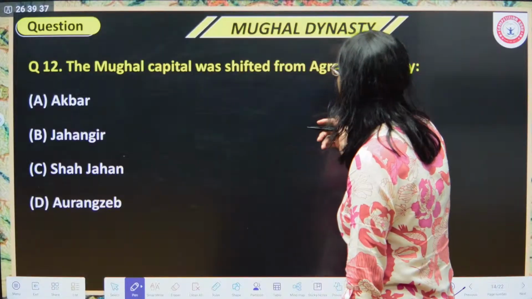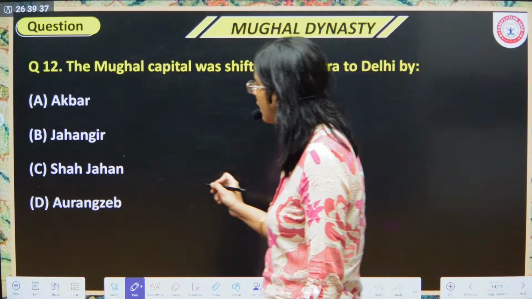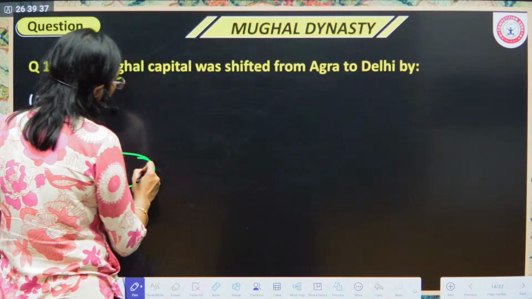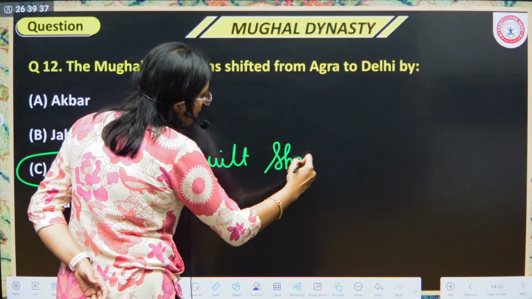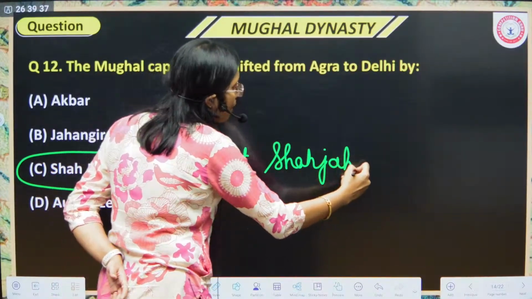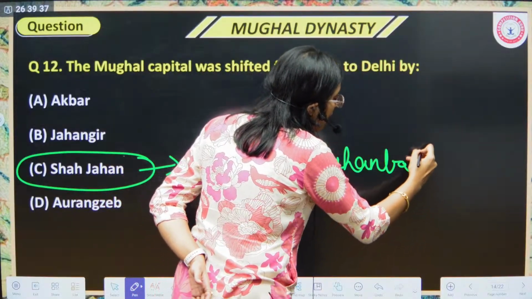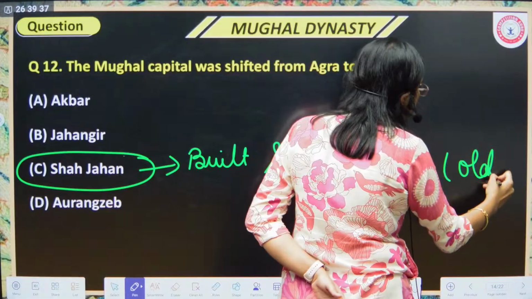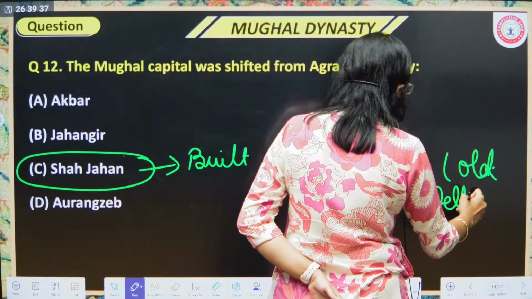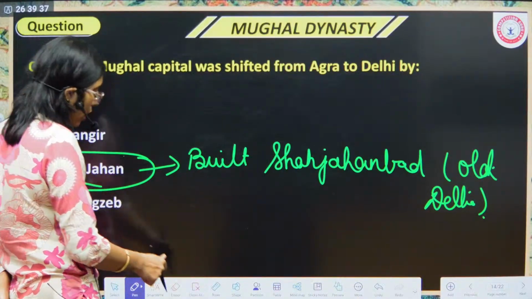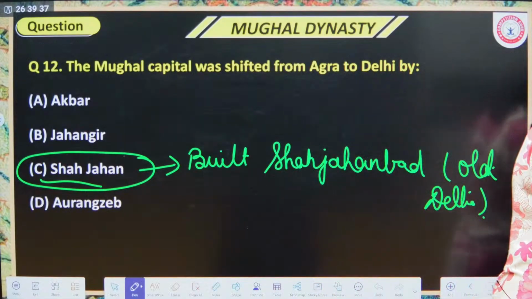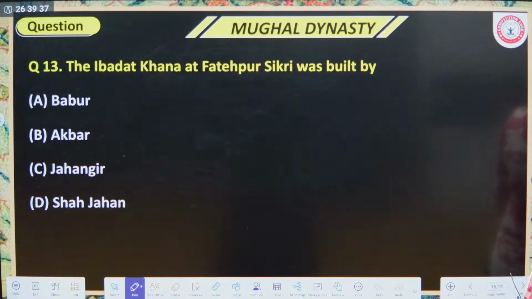The Mughal capital was shifted from Agra to Delhi by Shahjahan, and he built Shahjahanabad as Old Delhi. Right. So, who shifted the capital from Agra to Delhi? Shahjahan. Next question. The Ibadat Khana at Fatehpur Sikri was constructed by whom?